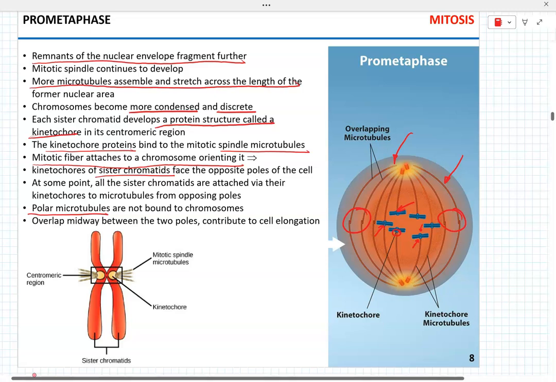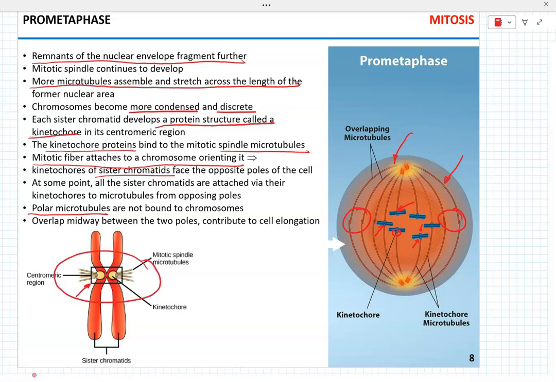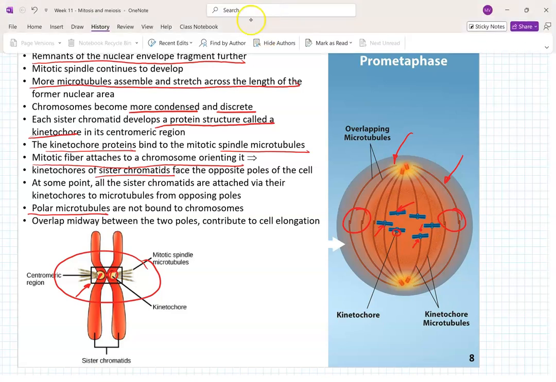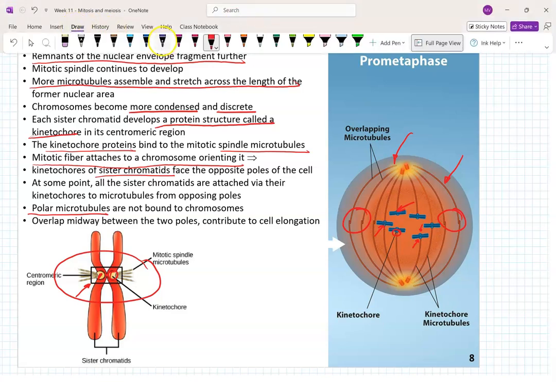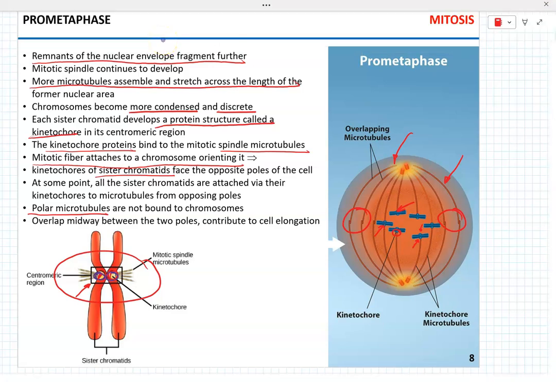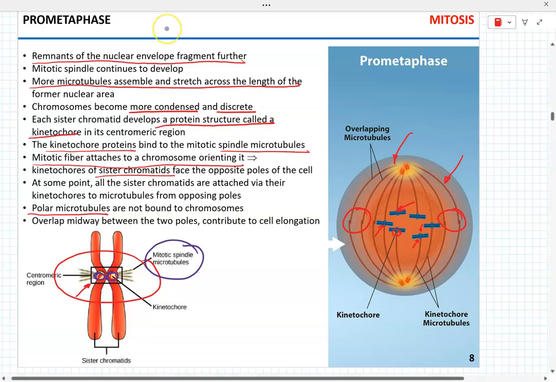Now, here we can see a better rendition of the centromeric region of a chromosome and kinetochores that are attached to two sister chromatids as well as to mitotic spindle microtubules.